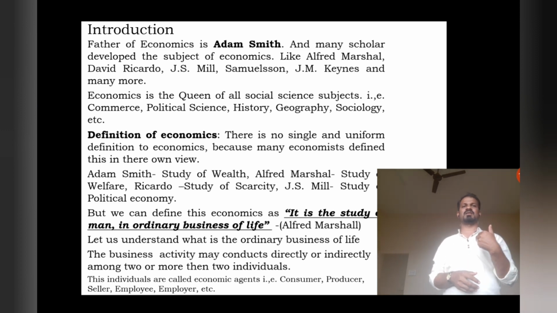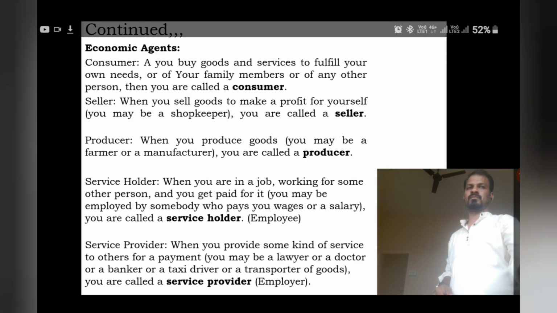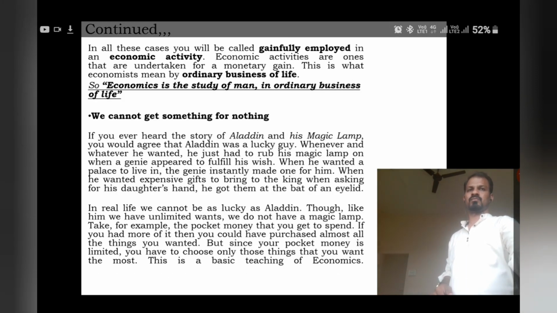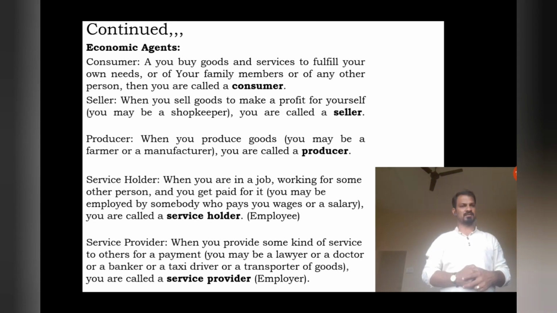That's why I have given some descriptions of business. Business is nothing but the activity conducted directly or indirectly among two or more individuals. That is called business. The business is carried out by various economic agents.